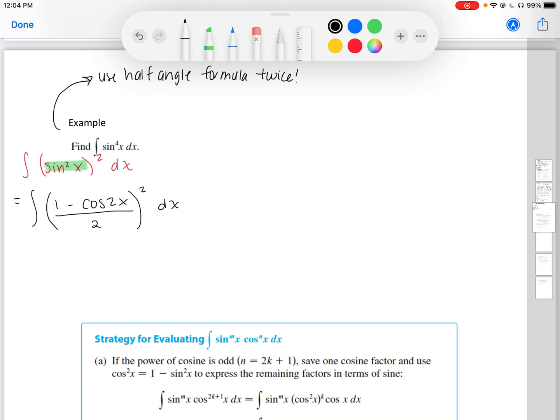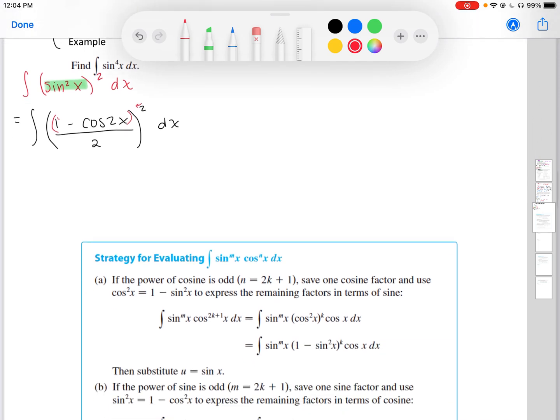All right, let's go ahead and square. We have to use the binomial theorem for our numerator. So we have 1 minus 2 cosine of 2x plus cosine squared 2x, divided by 4, dx.